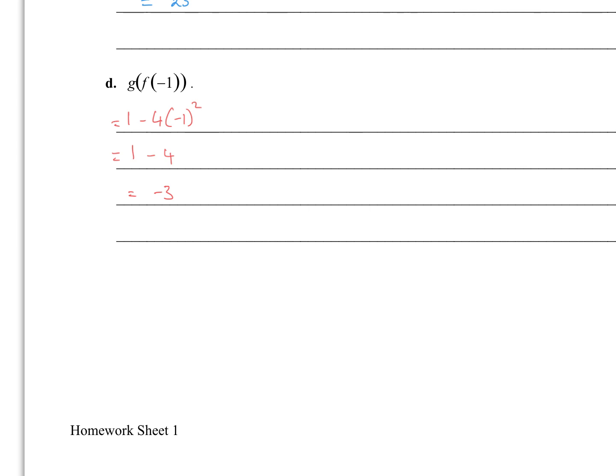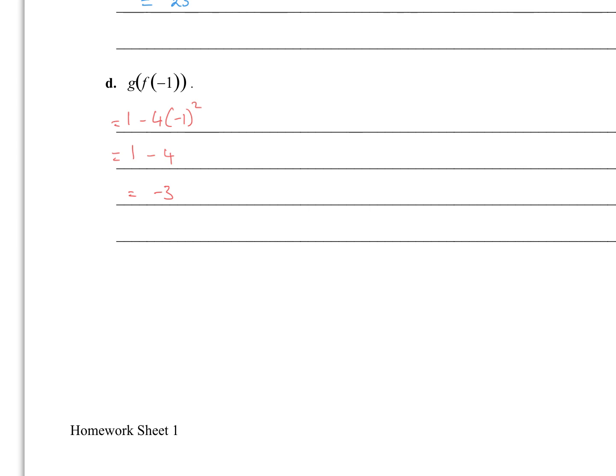I guess if you wanted to, 1 minus 8x plus 16x squared. But yeah, not necessary.